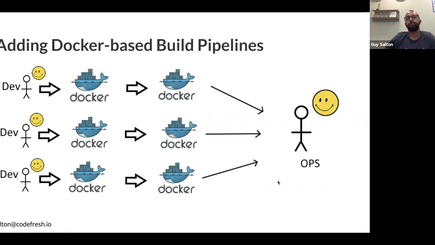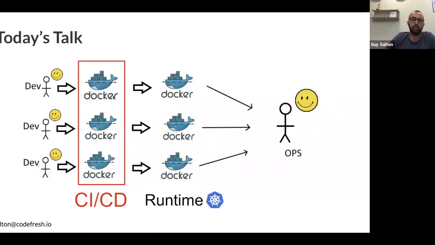But today, we're going to talk about adding Docker in another layer of that workflow, which is this part, as you can see here: Docker-based pipelines. And that makes not only the operator more happy, but we'll see why it can make the developers happier too.